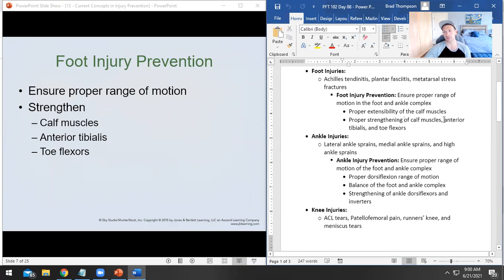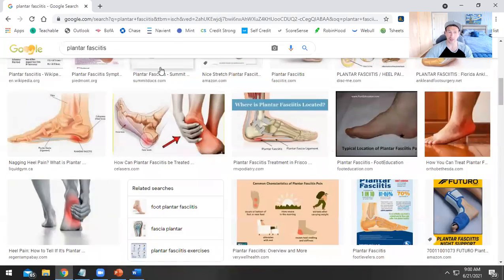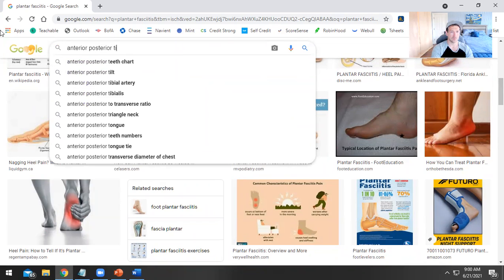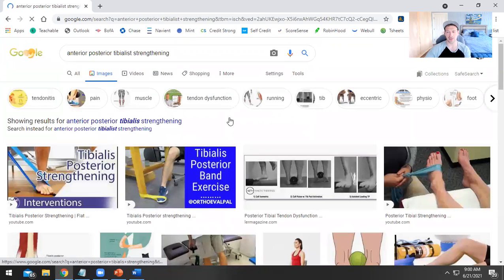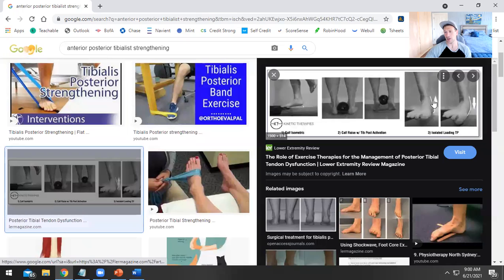We also need to see proper strengthening of the anterior and posterior tibialis. That's the muscle on the front of your shin. Those muscles on the shin, where we do exercises such as controlled ankle rolls. I love this calf raise with a little squeezing on a ball here.